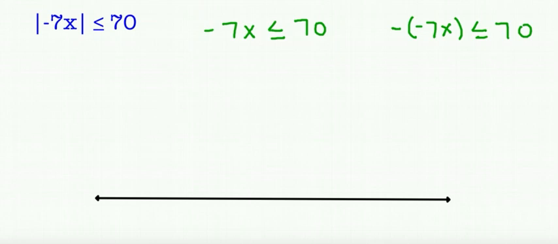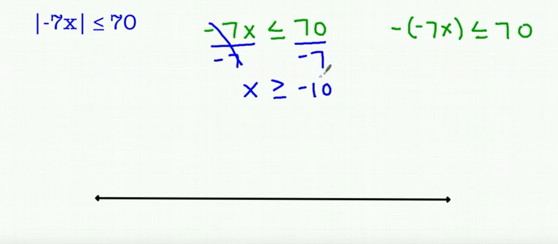And here, to isolate our x, remember that we have to divide both sides by negative 7. Negative 7 divided by negative 7 is 1. x is now greater than or equal to, because we divided by a negative, negative 10, because 70 divided by negative 7 is negative 10.